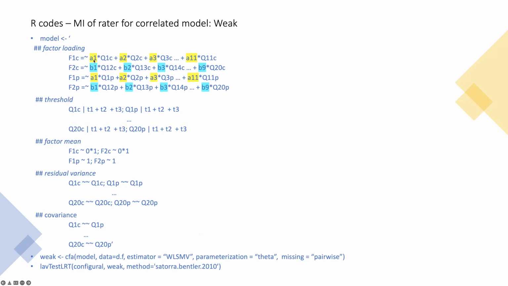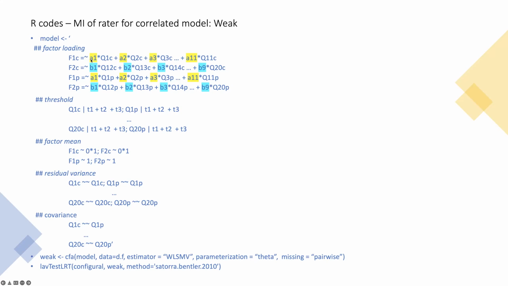So here I have constrained the factor loading for the first question onto the first factor to be the same between the child and the parent. So the second question onto the first factor, same. You want to do that for all the questions. Here it can be any series of numbers or letters.